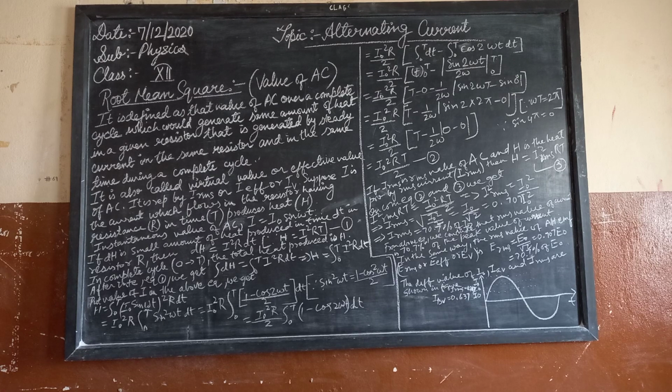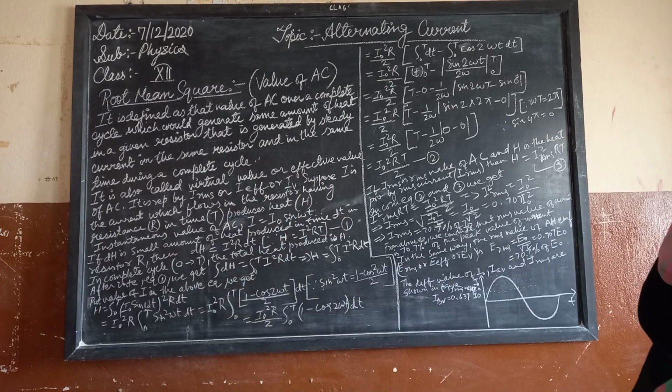So IRMS, I have told you what that is. It is the complete cycle value in which a steady current is generated in the same resistor and the same time interval, which is given by this particular value IRMS.